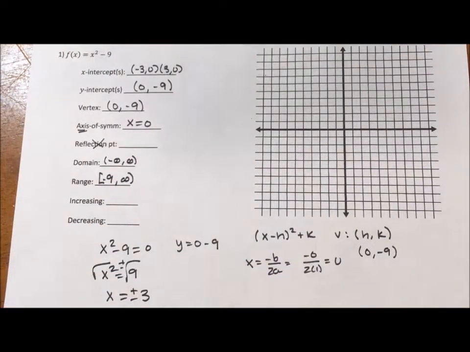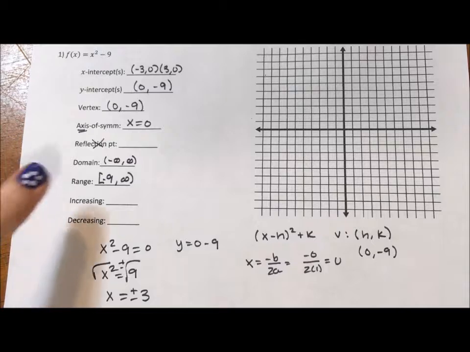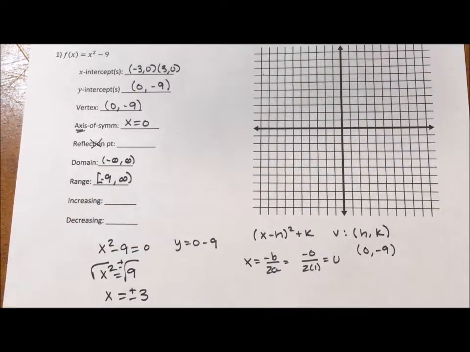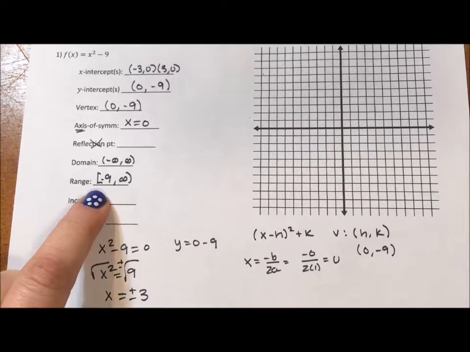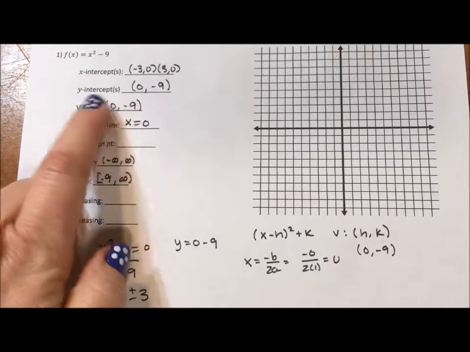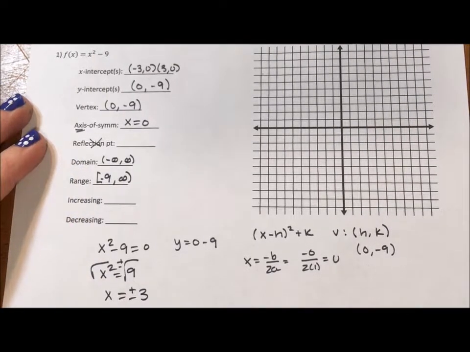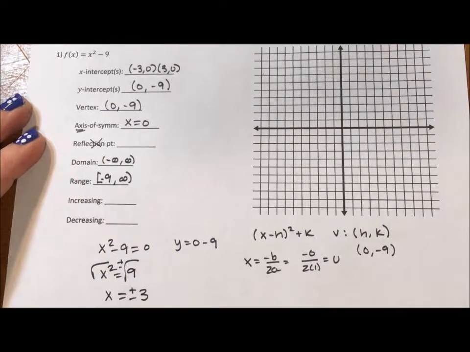A parenthesis means that value is an endpoint but isn't part of the set. And since infinity is a concept, not an actual number, you always use a parenthesis because you can never actually equal infinity. Negative 9 is an actual point, so we use a bracket. And increasing and decreasing I'll do after I graph it.